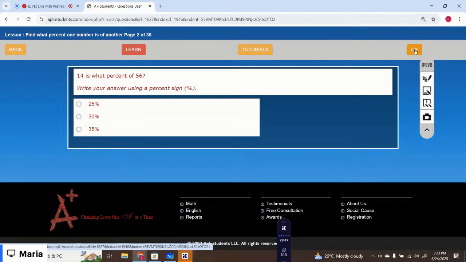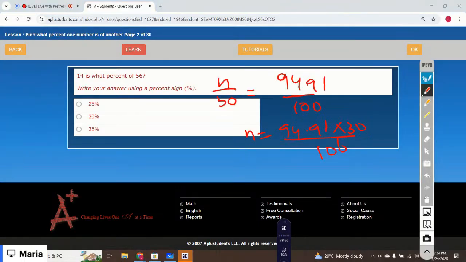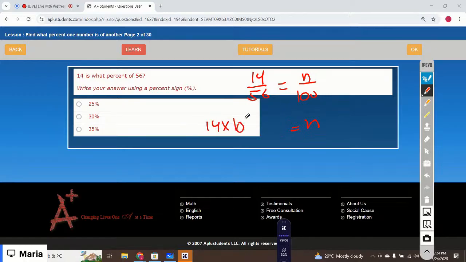14 is what percent of 56? 56 is the whole number and 14 is the part, right? That is 14 over 56 equals n over 100. We have to calculate what percent 14 is of 56, right? So n equals 14 times 100 over 56.